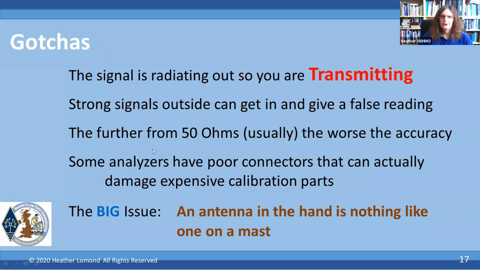So just be aware of those. If you're going to put £1,000 calibration devices on, make sure that you've got a good connector on your analyzer. And I'm sure it's no surprise to anyone that when you're holding the antenna in a room on an antenna analyzer, it's going to be very different to when you run that antenna up a mast. So as we'll see in a bit, these things have to be considered in the environment as well.